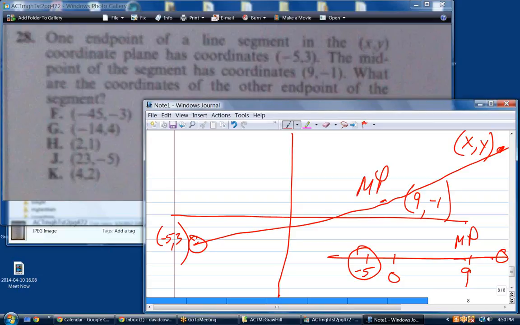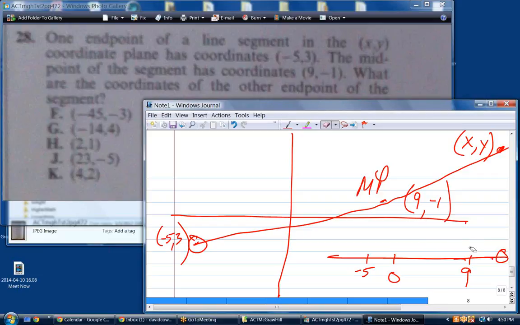Does it look like 4? Well, negative 5, negative 4, negative 3, negative 2, negative 1, 0, 1, 2, 3, 4. Okay, when I say what's the distance between minus 5 and 9, it means this distance right here. Well, I got to go 5 units to get to there. I got to go 9 more to get to there. So that would be 5 and 9. 14 units.